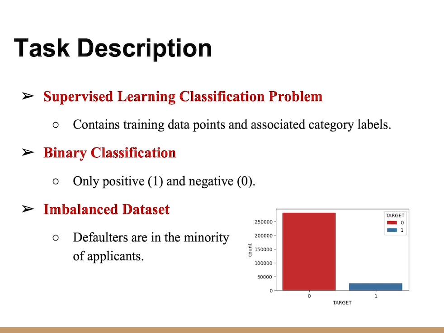For given user data, we use it to predict the category labels associated with that client. And this is binary classification with only positive and negative labels. In addition, this dataset is also a very imbalanced dataset, as seen from the right figure.